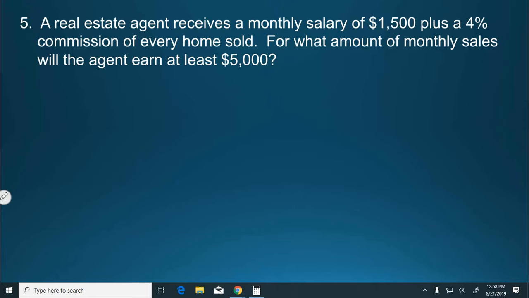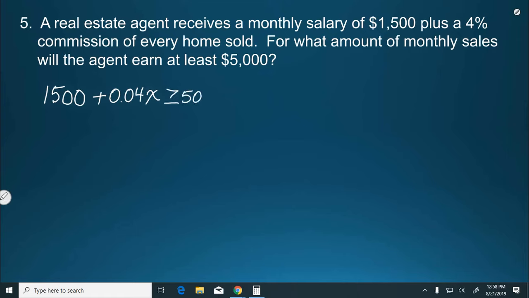So this real estate agent is guaranteed $1,500, okay, for the month. Then whatever they sell, they get 4% of. Okay, remember, in order to find that percent, you just multiply by the decimal value. So we're going to add 4% of those sales. And they want at least $5,000. So that's greater than or equal to $5,000.